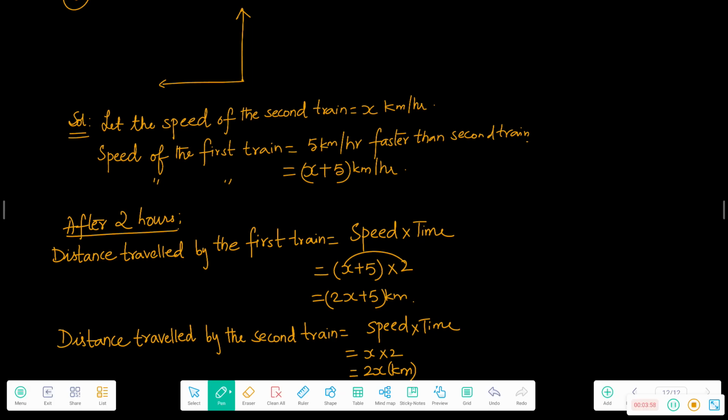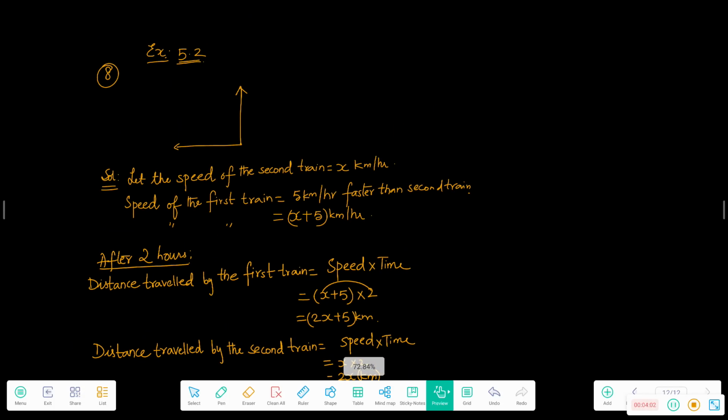Now assume that this is the position of the second train and this is the position of the first train after 2 hours. This is the position of the first train after 2 hours, and this is the position of the second train after 2 hours.